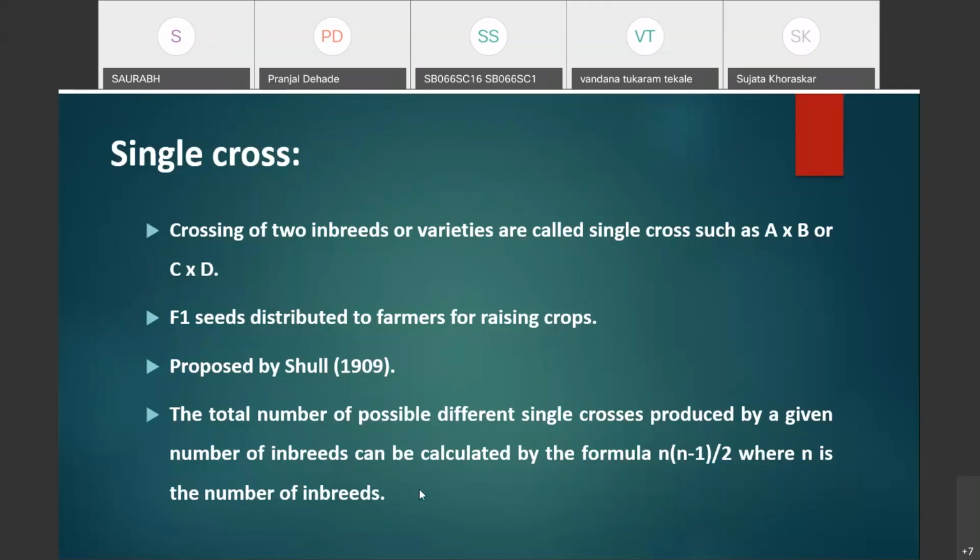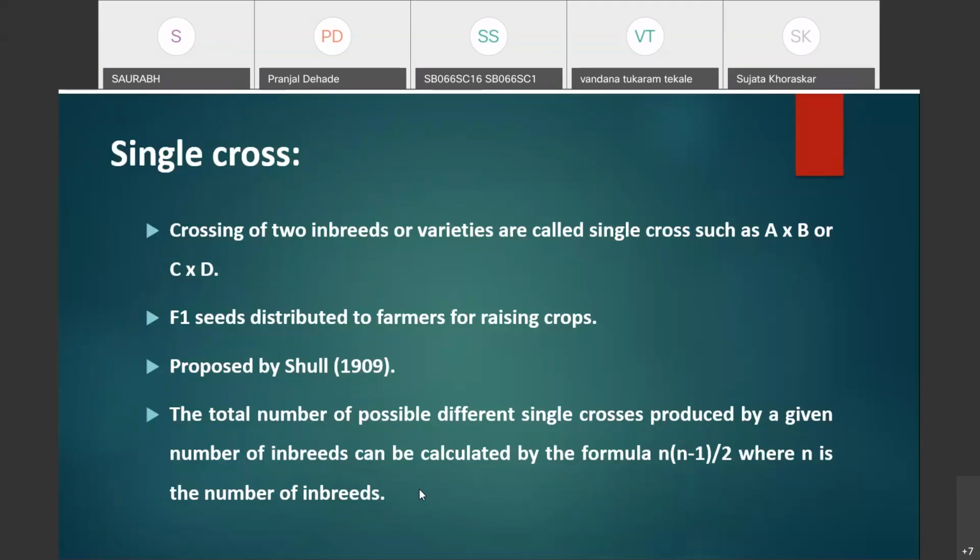If a large number of inbreds are involved and the plant breeder has to make these single crosses, the possible number of single crosses can be calculated using the formula n(n minus 1)/2.